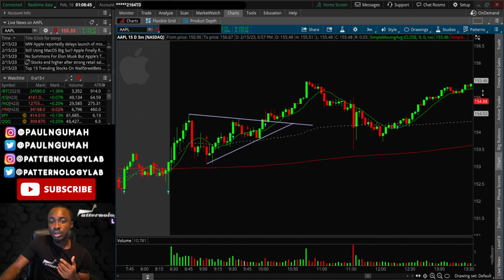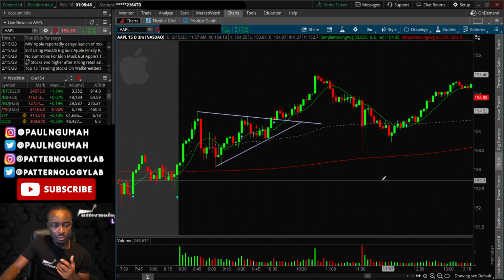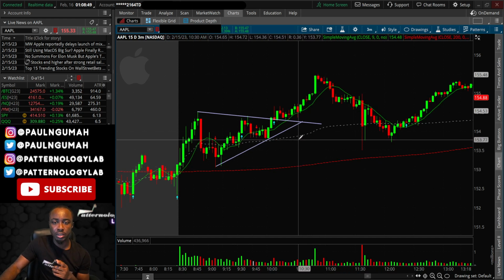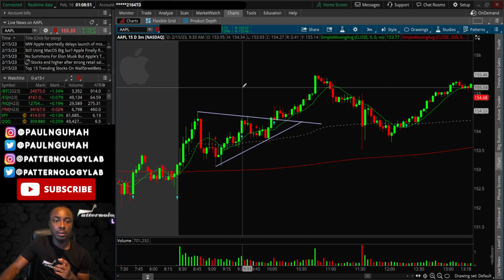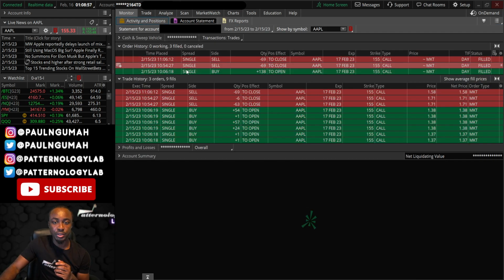Now, the right entry for this bullish pennant, I'm going to use the trading history for this one. We're going to go onto the monitor tab. These are my trades. This is the trade that I took on Apple yesterday.